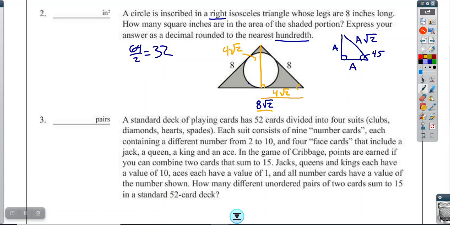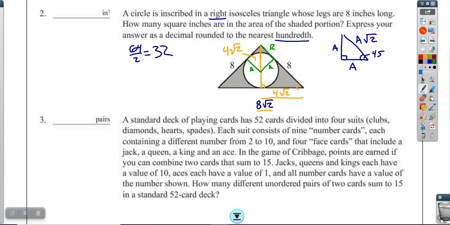Now I'm going to throw in a couple extra pieces here. From the center, I'm going to draw a radius that intersects the tangent point. And by doing so, I know I'm creating a square. So we know that this is radius, I know that this is radius, and so that means this distance from here to here is also the radius.